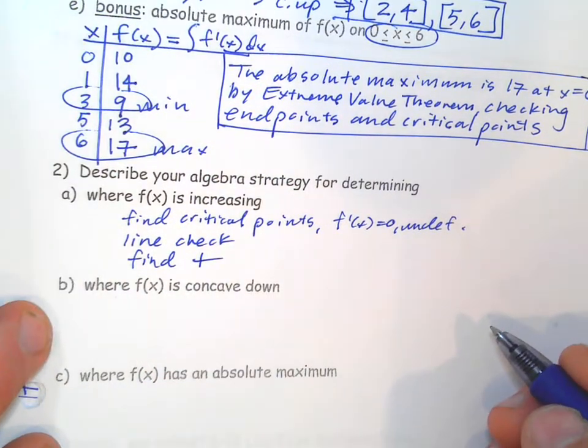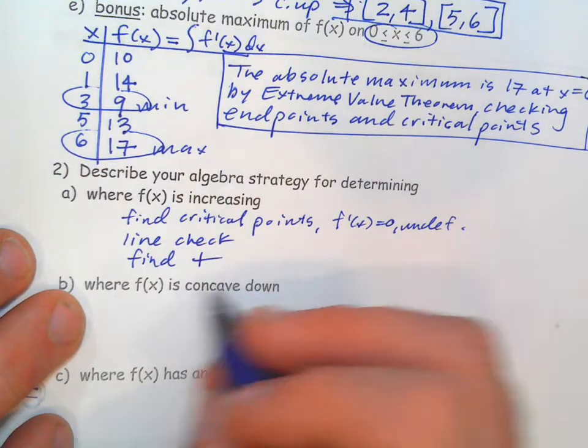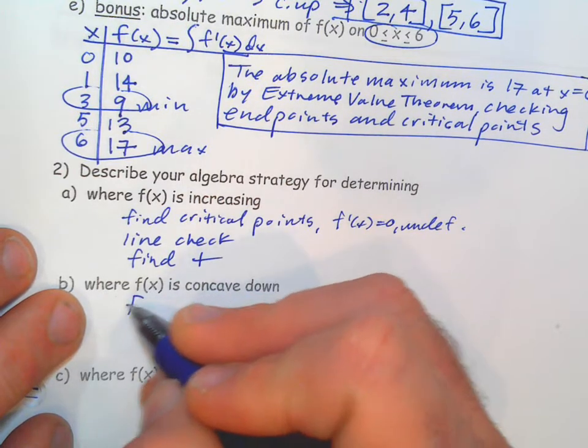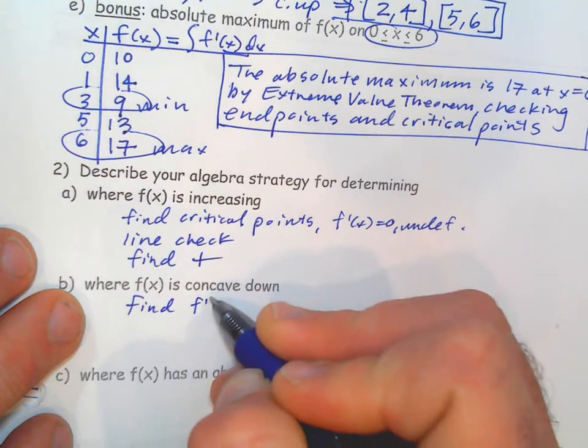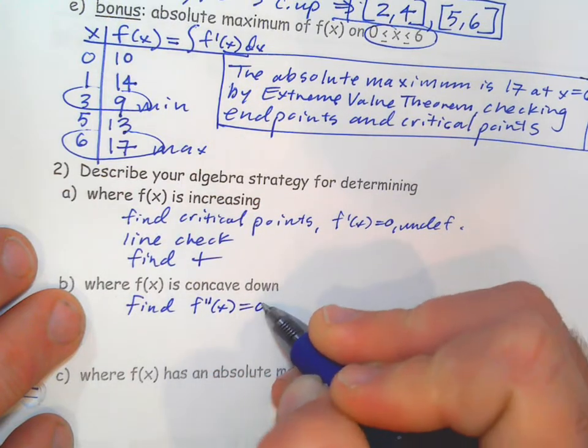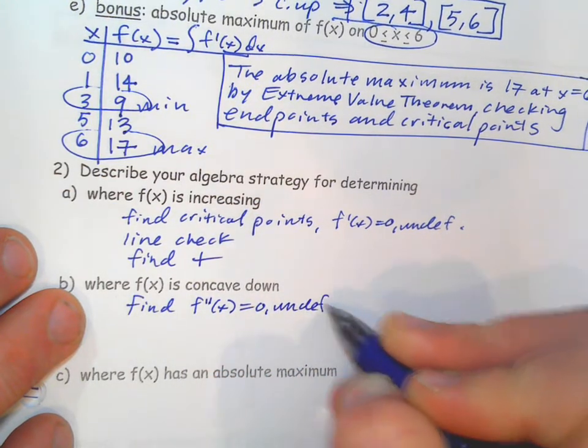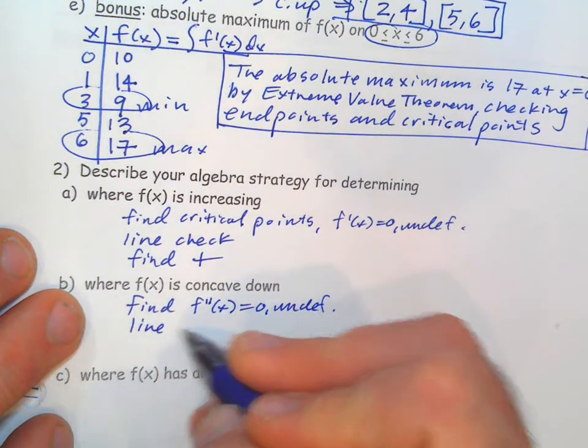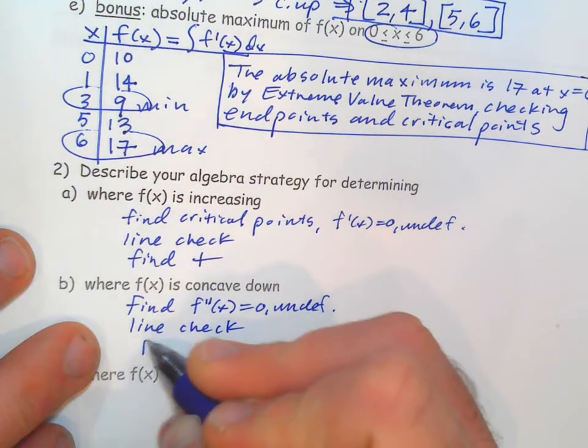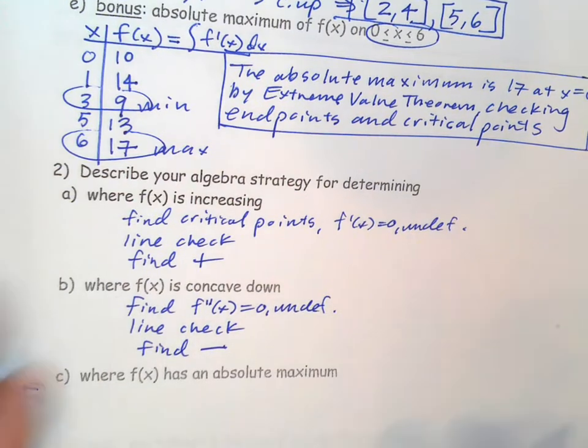Concave down: I would find where f double prime of x equals 0 or undefined, do a line check, and then find where it is negative.